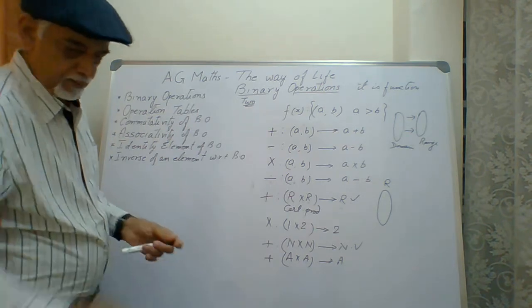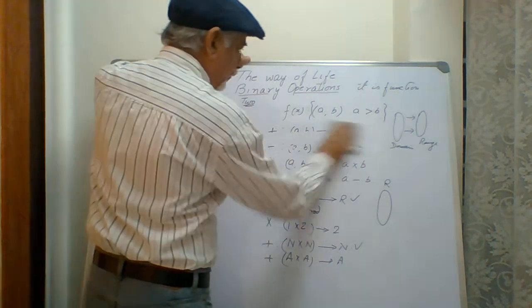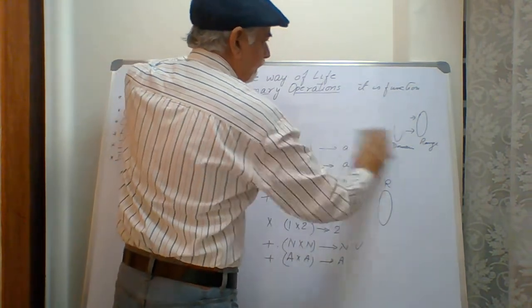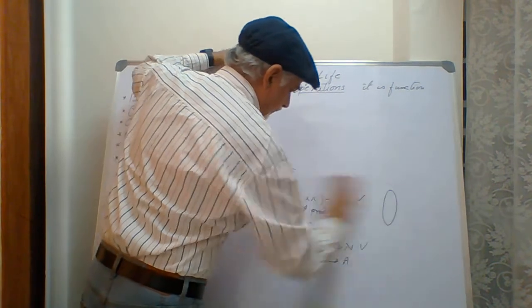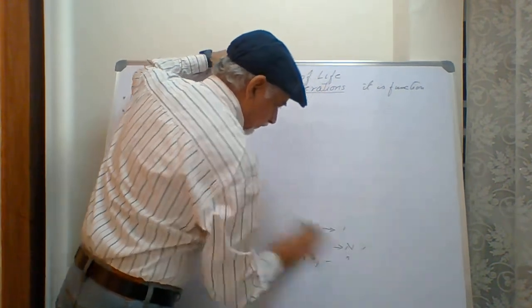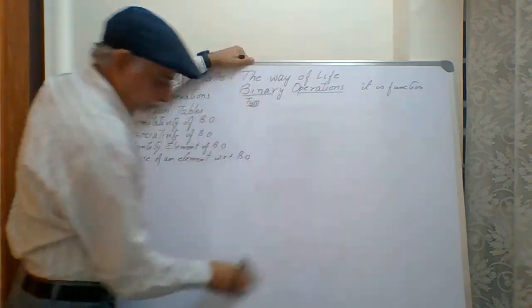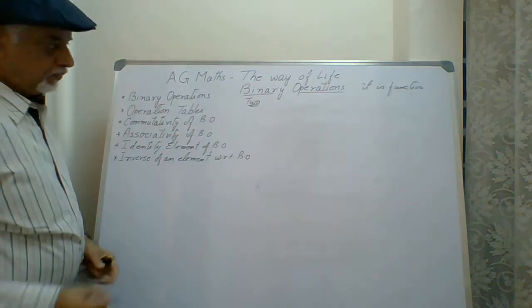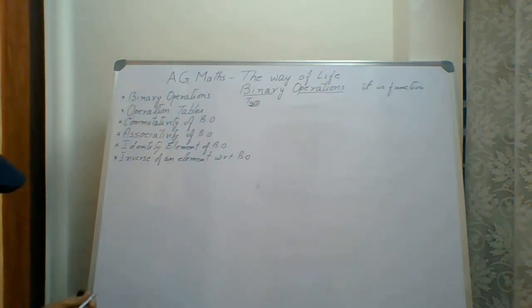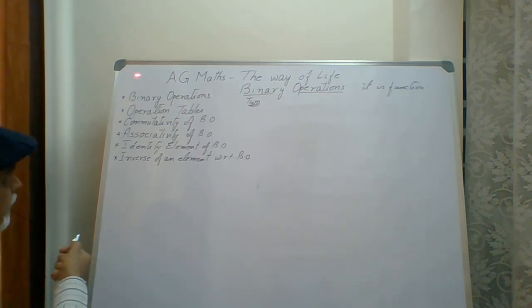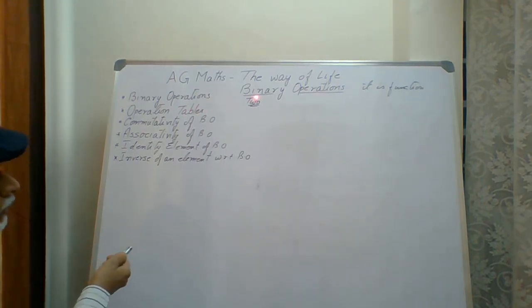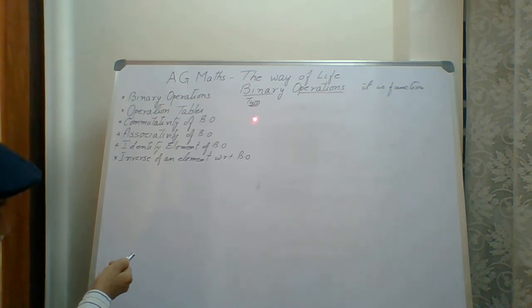So we'll discuss something more here. You can have a look at it, that binary operations we have understood are between two elements, and the two elements will come from one set, and the result of that will also lie in the same set.